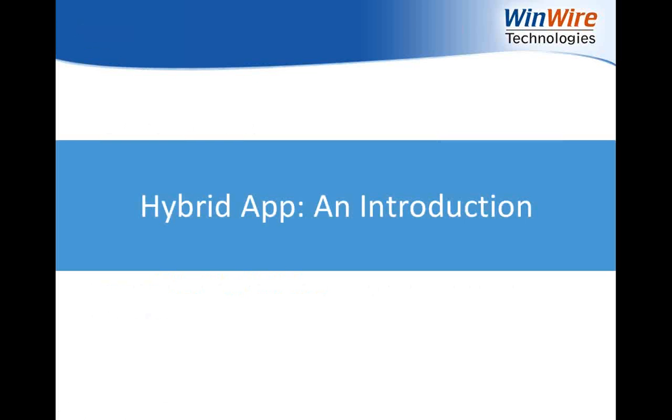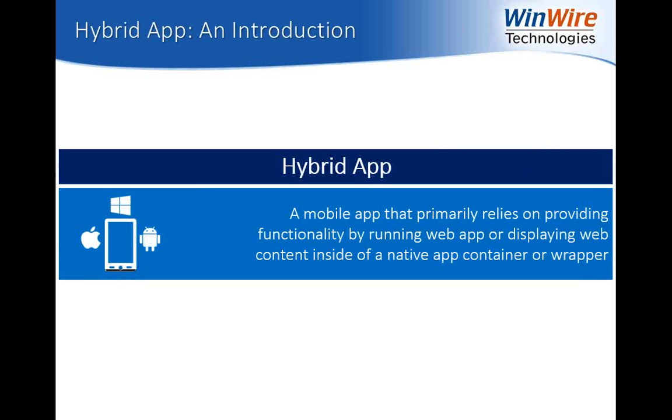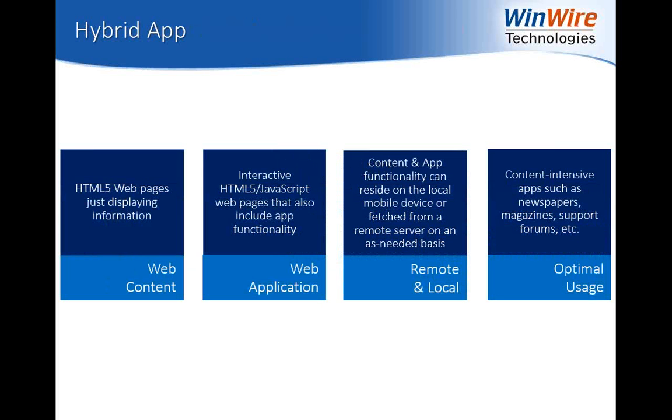So what is a hybrid app? A hybrid app is a mobile app that primarily relies on providing functionality by running web or displaying web content inside of a native app container or wrapper.